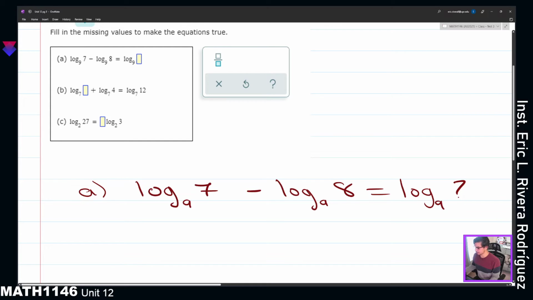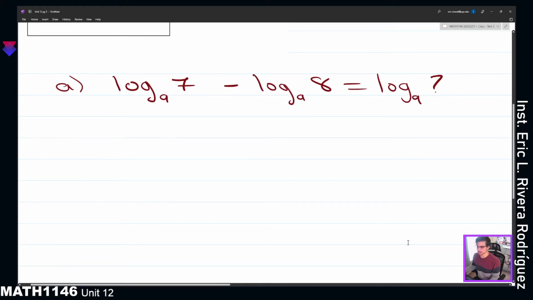So what are you going to do here? You are seeing that in this equation, on the left side, you have two terms. Those two terms have logarithmic functions, and they share the same base, which is 9. Because we have the same base and we are subtracting both terms, we can use the quotient property here.